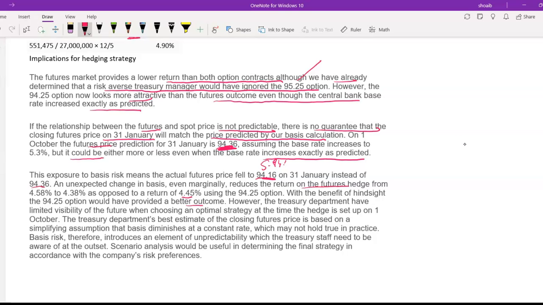However, the Treasury Department has limited visibility of the future when choosing an optimal strategy at the time the hedge is set up. The Treasury Department's best estimate of the closing future price is based on the simplifying assumption that basis diminishes to zero. Therefore, it introduces an element of unpredictability which the Treasury staff need to be aware of at the outset. Scenario analysis would be useful in determining the final strategy in accordance with the company risk preference.